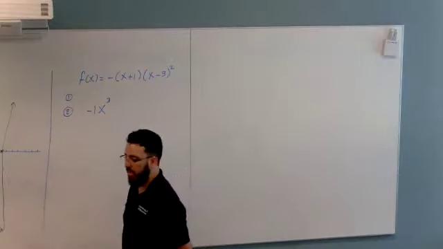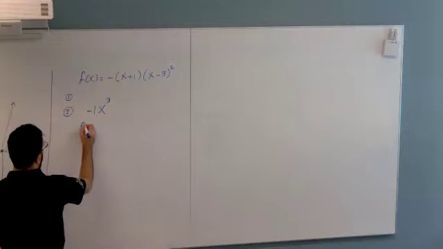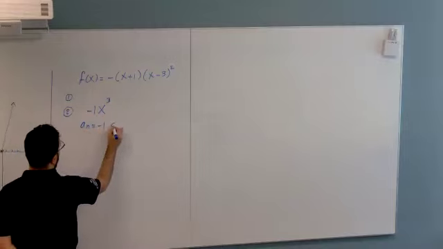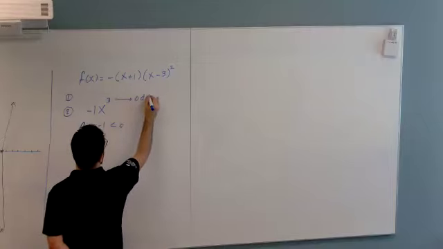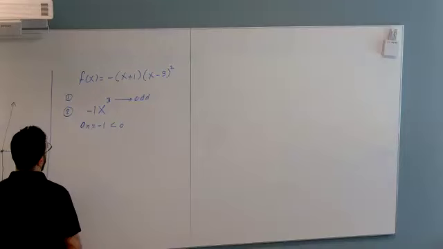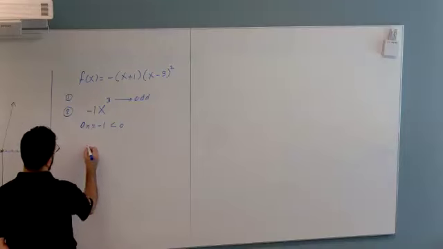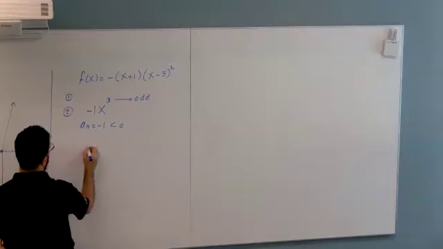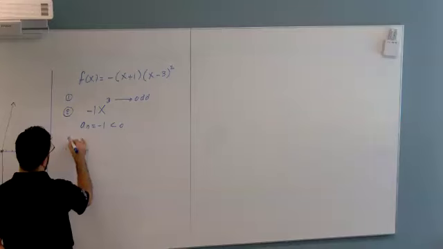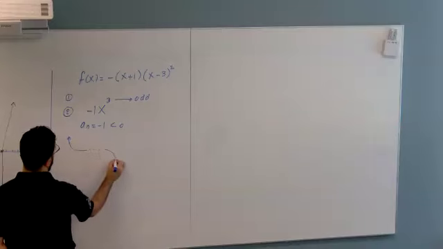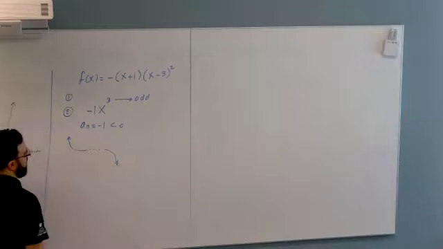Is that okay? So a equals negative 1, which is less than 0. And the exponent is odd. So the end behavior is what? The left side is going up or down? The left side. Going up. On the right side, down.